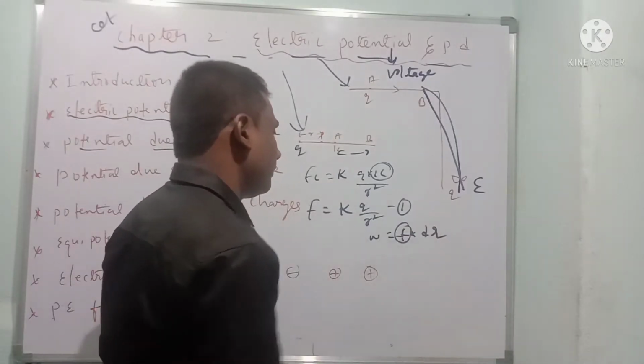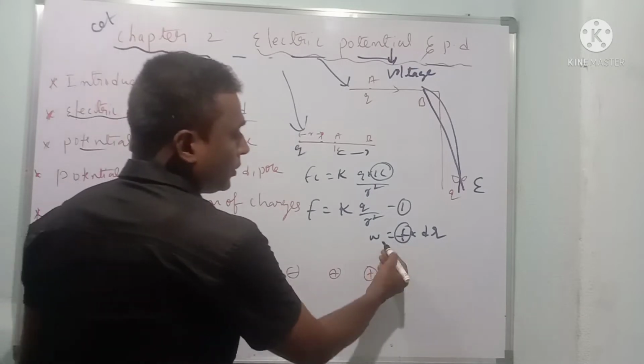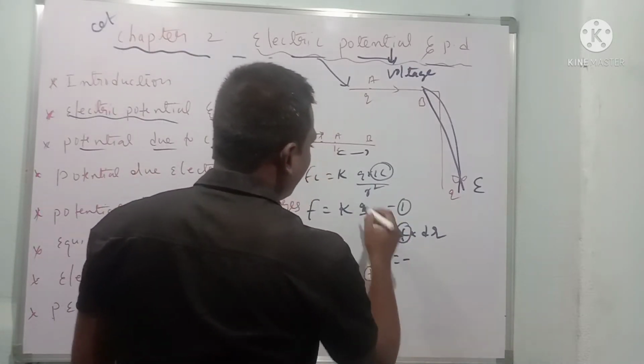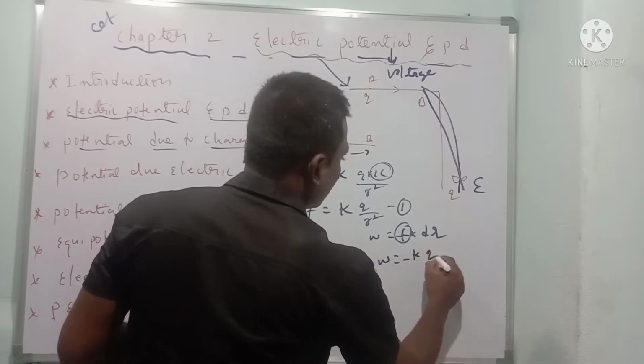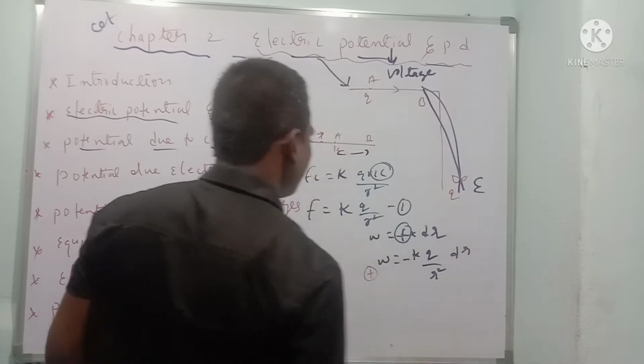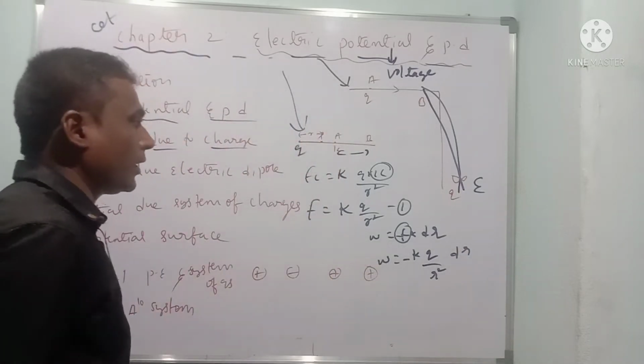So minus F. Then W is equal to minus K into Q divided by r square into dr. So this is the amount of work done.